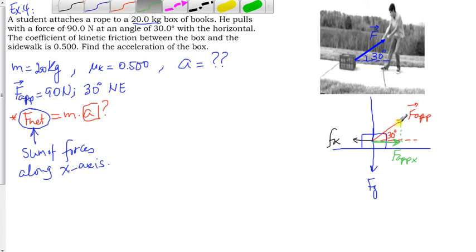So here F applied y, and I should not forget Fn. This is y, and this is x.